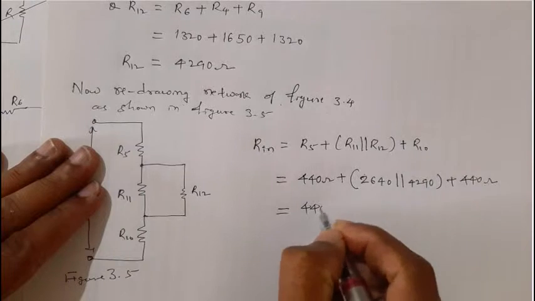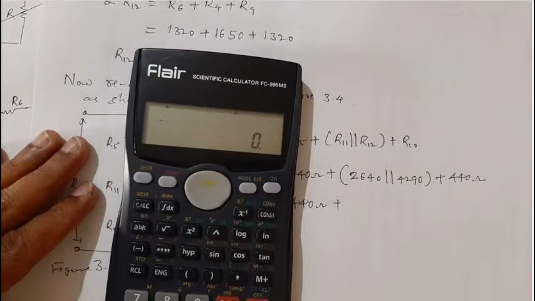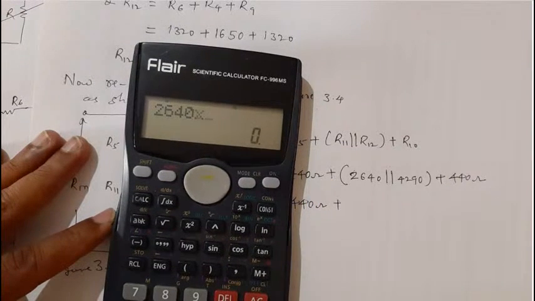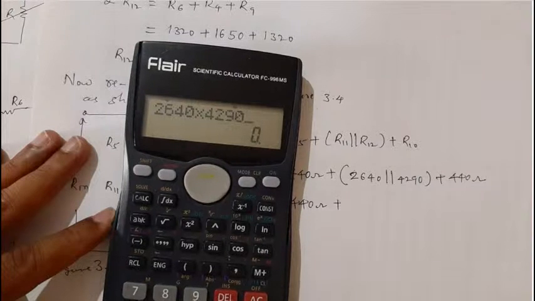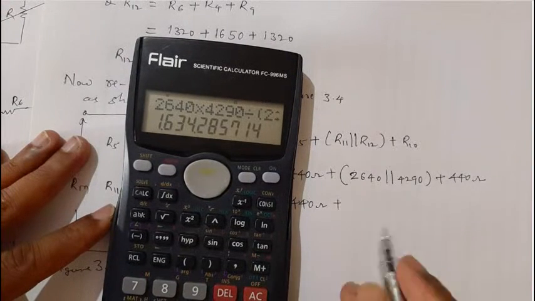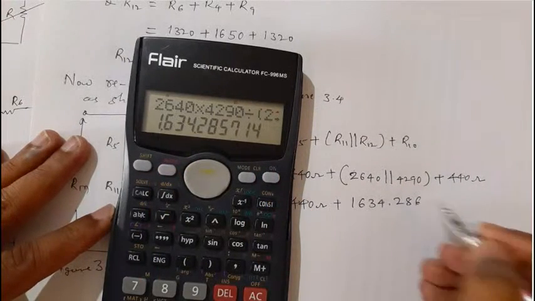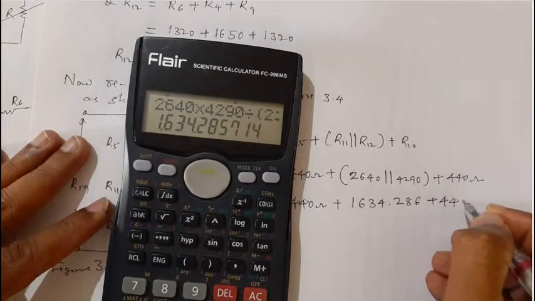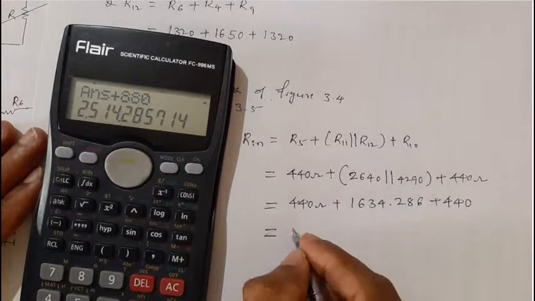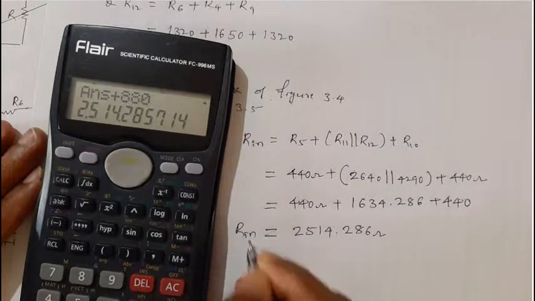This is a parallel combination, let me calculate: 2640 into 4290 divided by 2640 plus 4290 is equal to 1634.286. Plus 440 and plus 880, if I add, we will get 2514.286 ohm as the value of Rin.